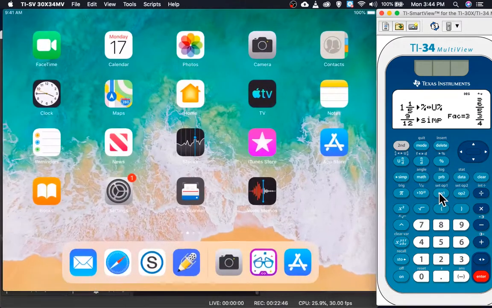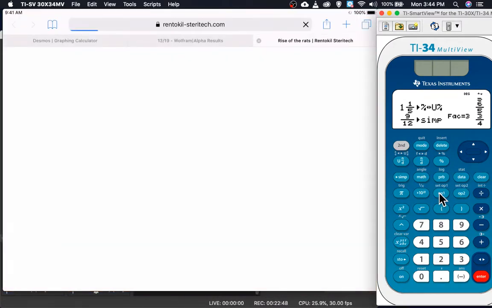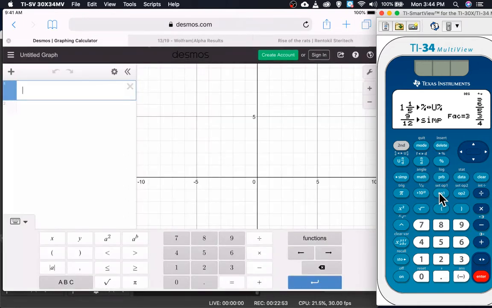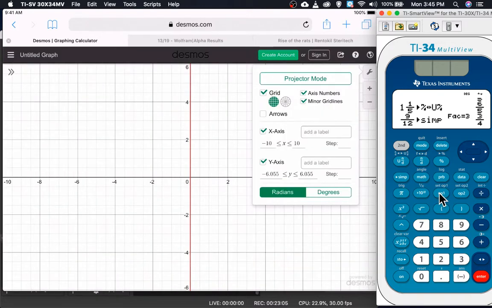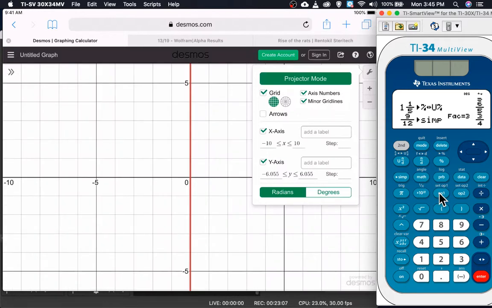There, we got technology. Let's try this. Y equals 1,000x. Now, let me see if I can get rid of some stuff here. So right now, there is a red line on the screen. It's a little hard to see. There we go.